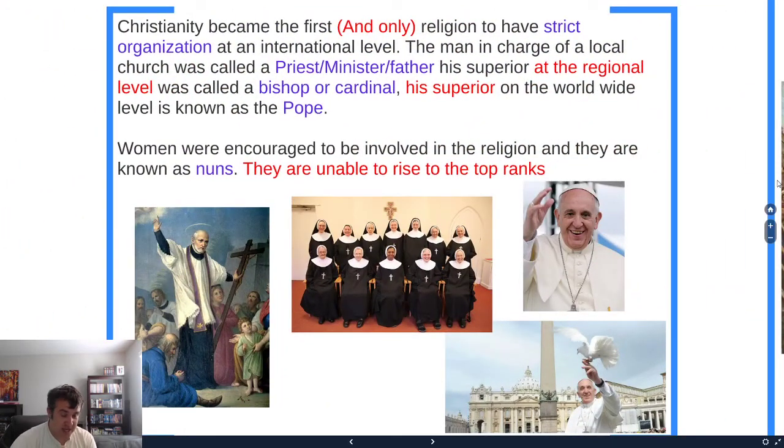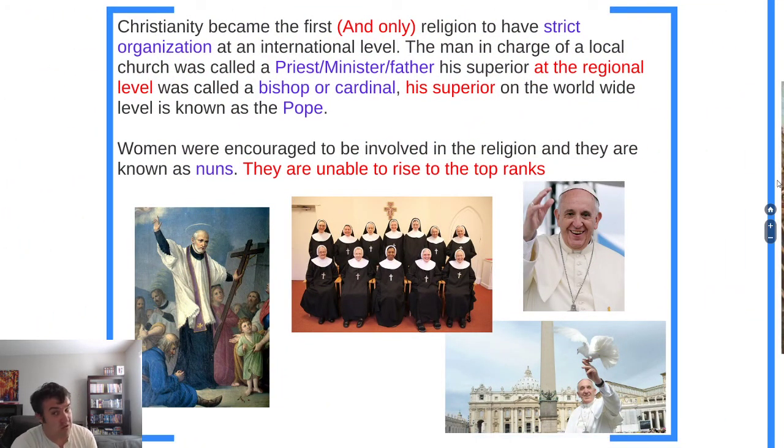So Christianity became the first and only religion to have a strict organizational process. There's this international organization of the Christian faith called the Roman Catholic Church. And for most of history, the Roman Catholic Church was the only version of Christianity that was practiced around the world. That eventually changes as history moves on.